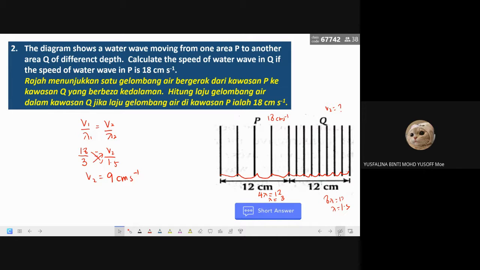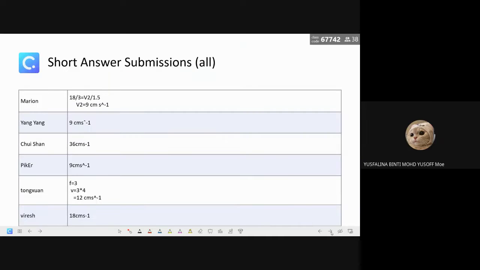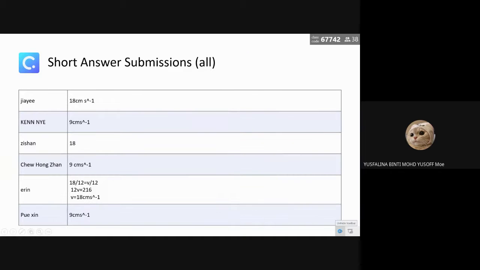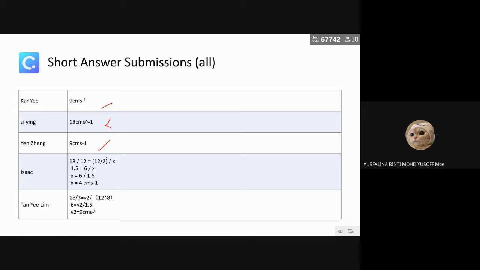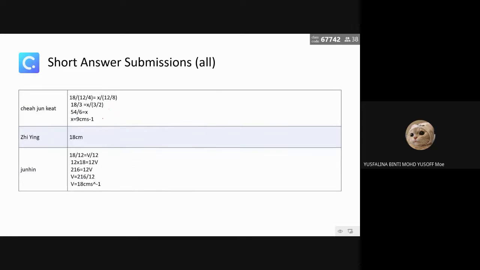Okay, so let's check your answer. Okay, 36. How you get 36? 12. How you get 12? Tongzuan. 18. How do you get 18? The answer is 9, right? 9, 18, 9, 4. Isaac, how you got 4 cm? Oh, you use 18. No, you have to find one wavelength first. Okay, correct.